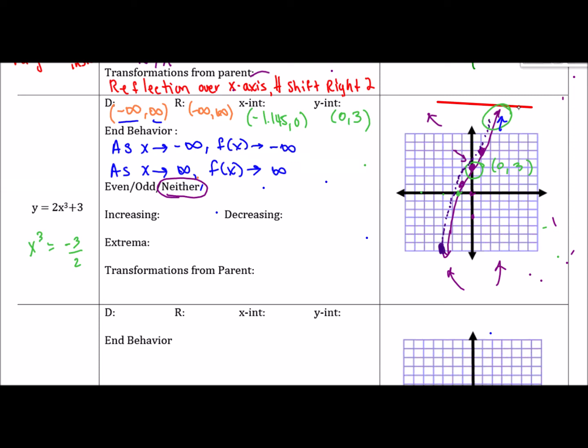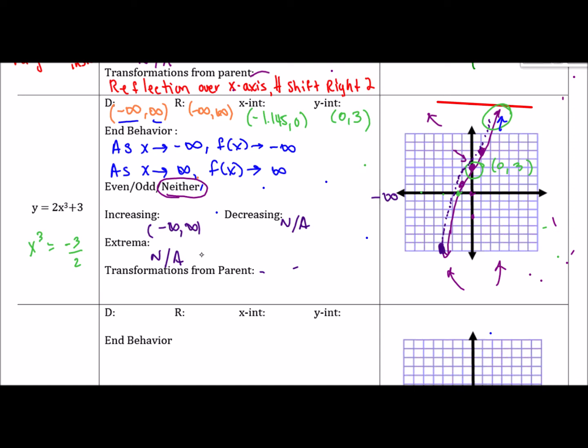And it looks like it's going uphill the whole way, which means it's only ever increasing. Now, we said we could start all the way over here at negative infinity. And if it's forever increasing, then it doesn't stop until infinity, which means there's nowhere that it's decreasing. As far as extrema goes, if it's always increasing and never decreases, then there can't be any extrema.